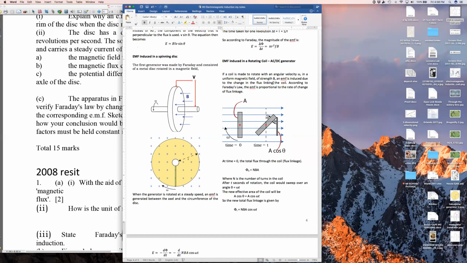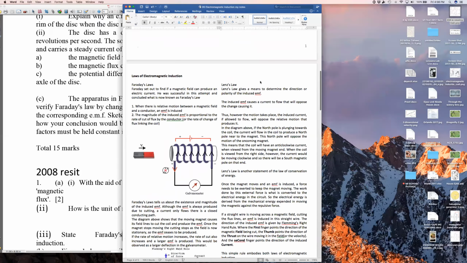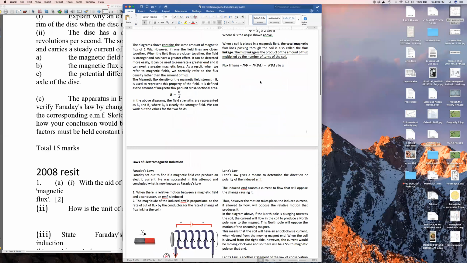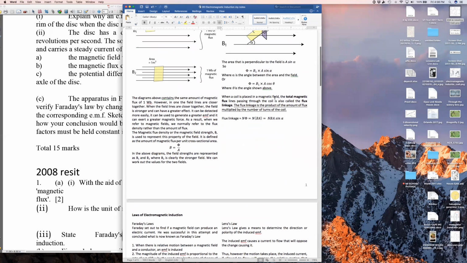The flux linking concept was done right here. When a coil is placed in a magnetic field, the total magnetic flux lines passing through the coil is called the flux linkage. The flux linkage is the product of the amount of flux multiplied by the number of turns, N phi.